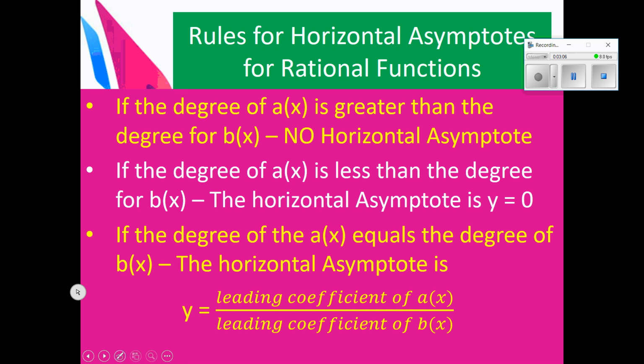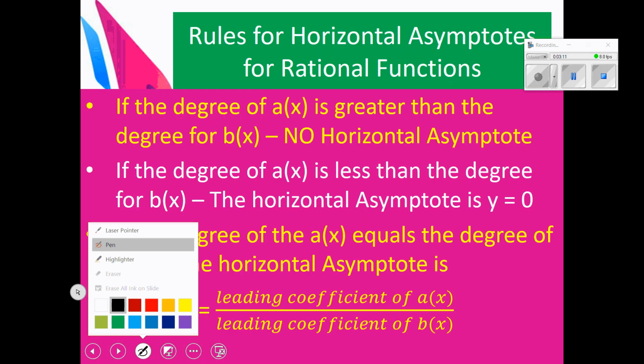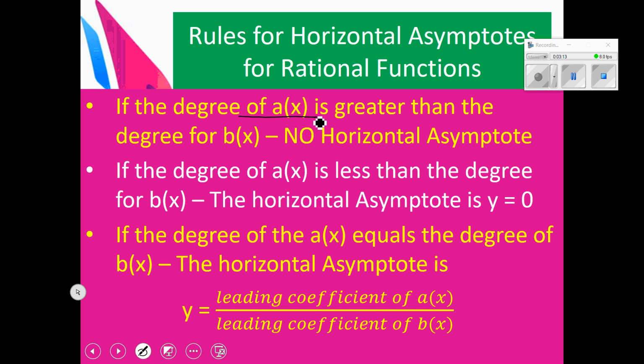If the degree of the numerator, a of x, is greater than the degree of the denominator, then there are no horizontal asymptotes. If the degree is bigger in the numerator than in the denominator, then there are none.